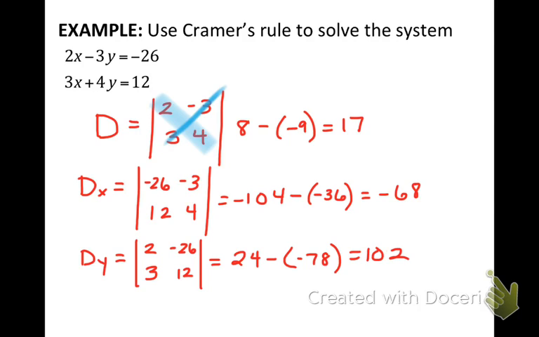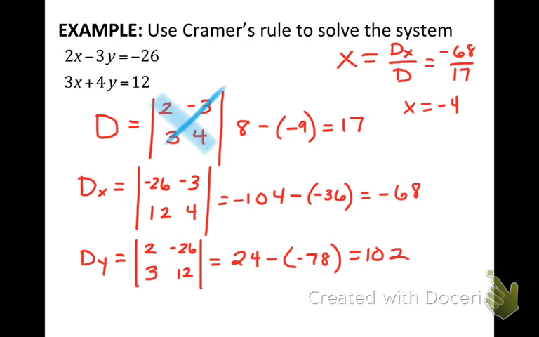Okay, so now we have all the 3 numbers that we need to make all of my ratios. So x is equal to what ratio? It's your d sub x divided by your d. So -68 divided by 17, which is -4.